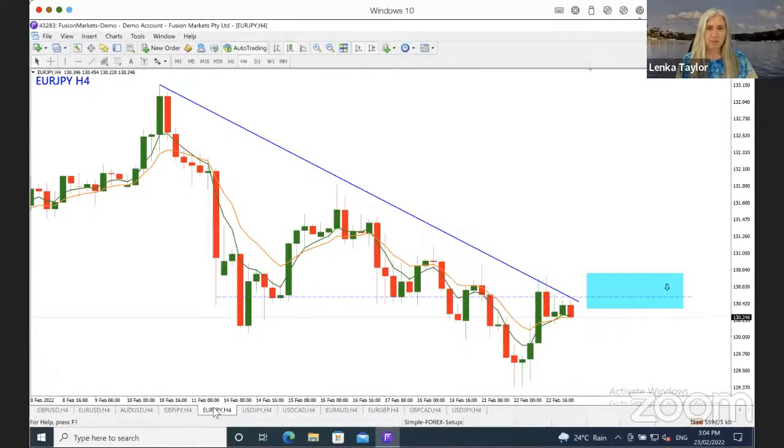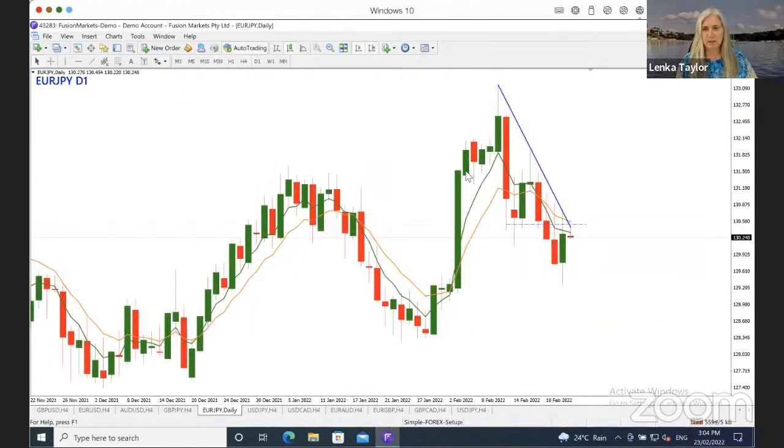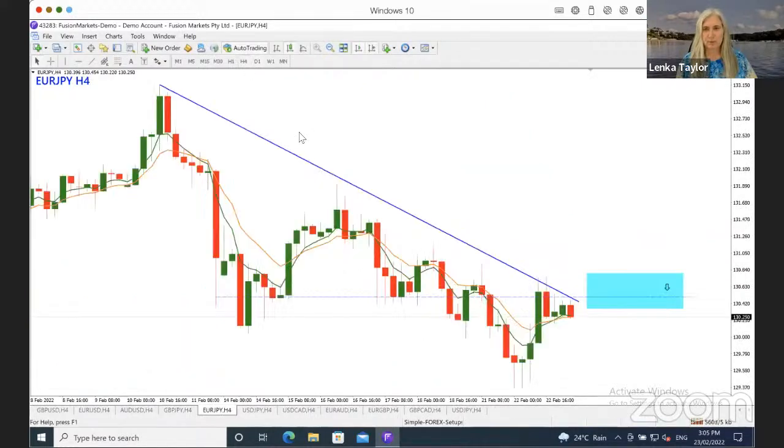Next currency pair I'm looking at is EURJPY. EURJPY, again looking for short this week. So last week we had a couple of entries and very small profits. There was not quite the length in terms of the trades that I usually would like to see.